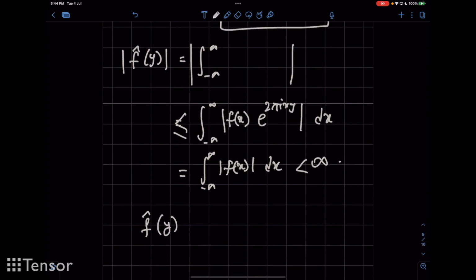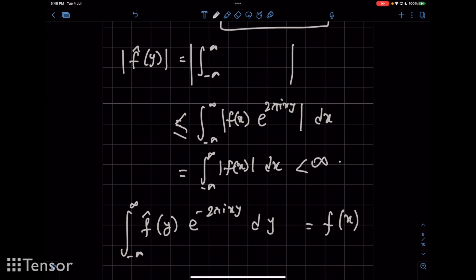That is the integral from negative infinity to infinity of f hat of y e to the 2 pi i xy dy. And this is equal to f of x. Well, not quite, we have a negative sign in front. So this is reversed. This is the inverse Fourier transformation.